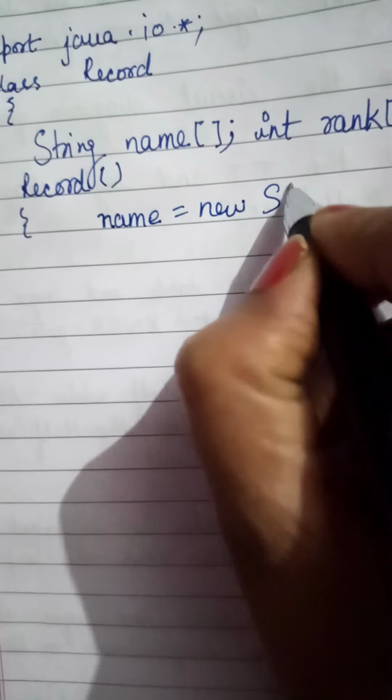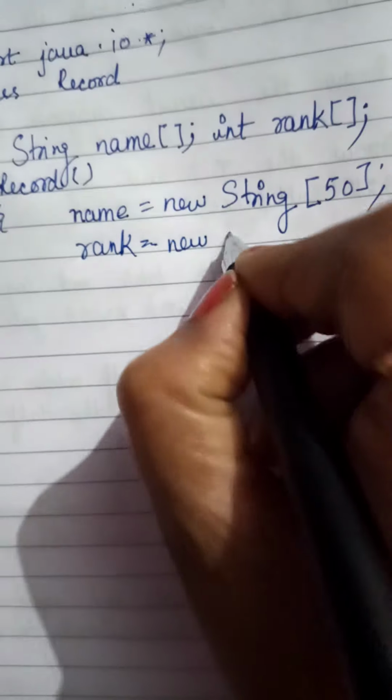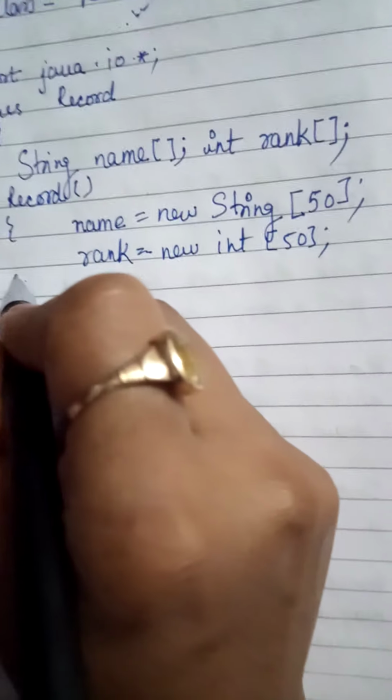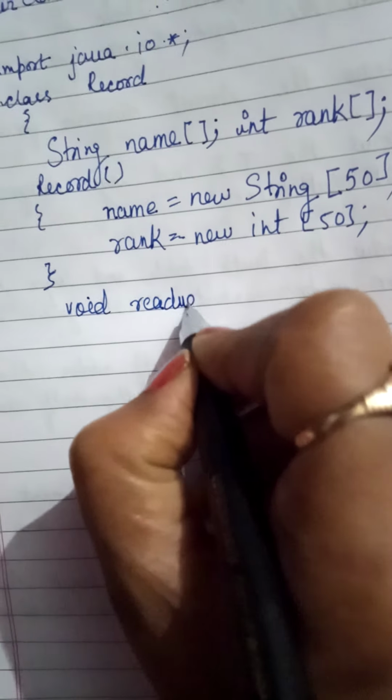Just do this much only: new String, 50 is the size, and in the case of rank also 50. Fine. Now the next method is read values.